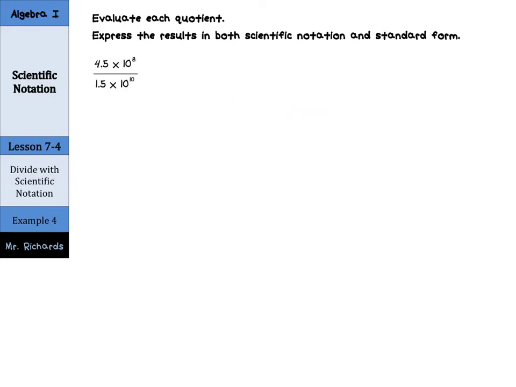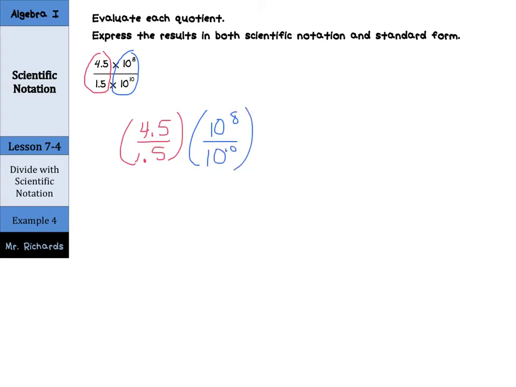What about quotients? Express the result in both scientific notation and standard form. Well, for quotients, we're going to follow the same logic here. We're going to look first at the 4.5, or 4 5/10, and divide it by 1 5/10. And that's going to be multiplied by this part here: 10 to the 8th divided by 10 to the 10th.